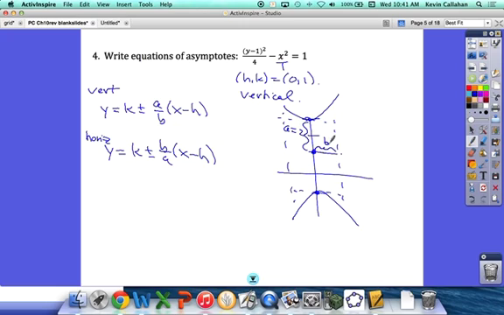So the slope is a over b. When it's vertical, it's a over b. It'd be the flip of that if it was horizontal. So we're using this one right there. We know the values of everything, so just plug it in. y equals 1 plus or minus a over b, which is 2 over 1, so that's 2 times (x minus 0), which is x. And that's it. That's 2 equations.